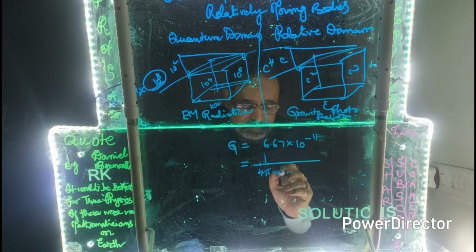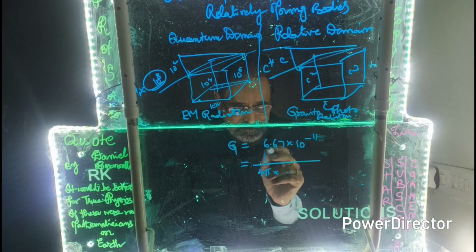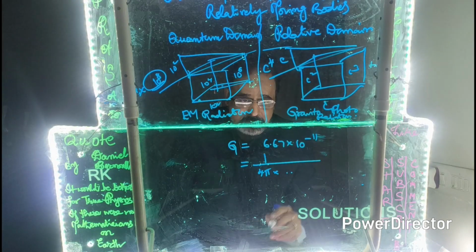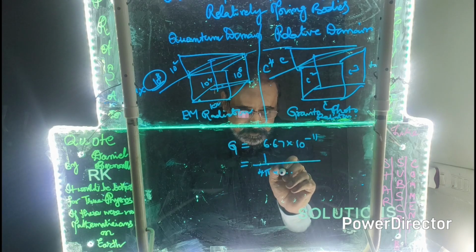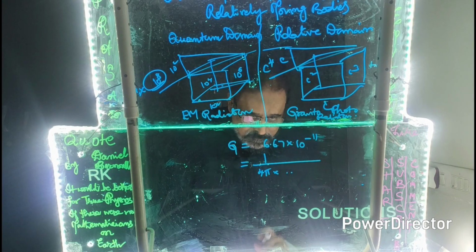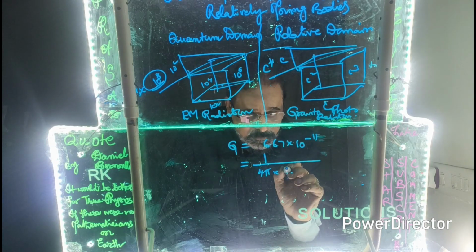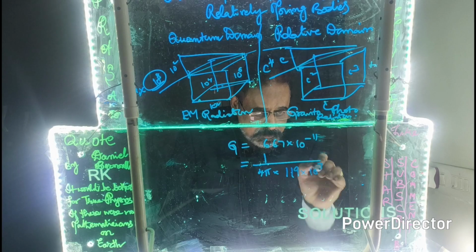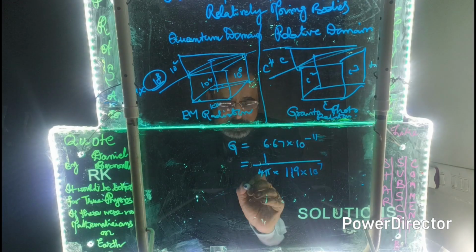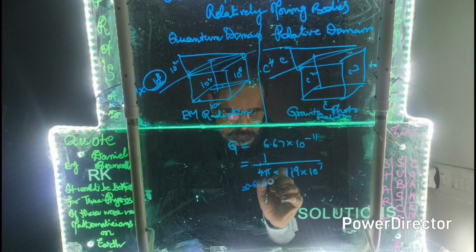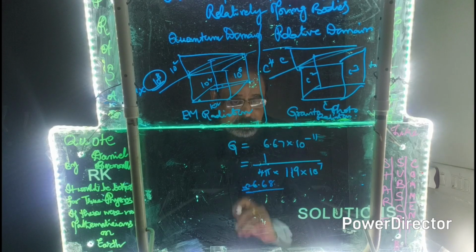You can do this simply by dividing 6.67 by 4 pi, then whatever number you get, if you multiply 4 pi with that number, you'll get 6.67, right? So this number turned out to be 119 into 10 raised to 7. If you work this out, it's approximately equal to 6.68 rather.